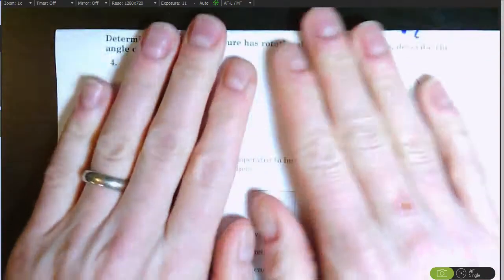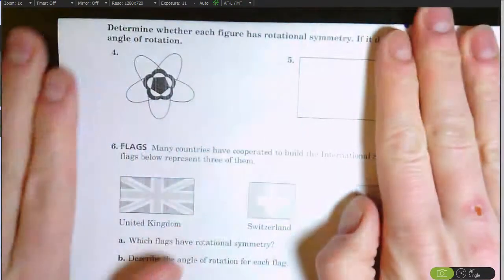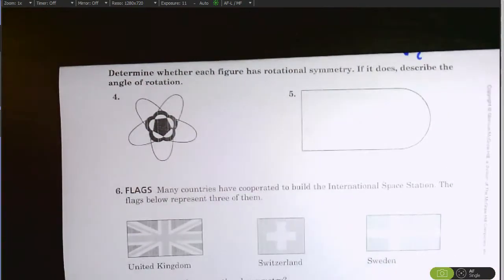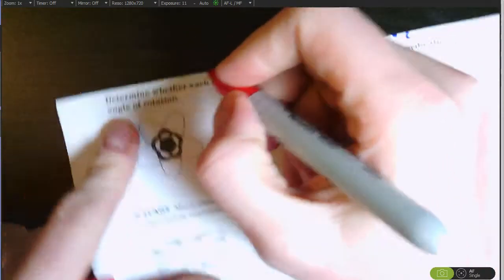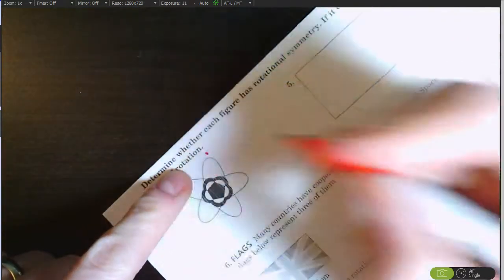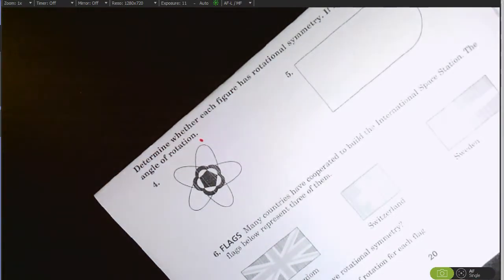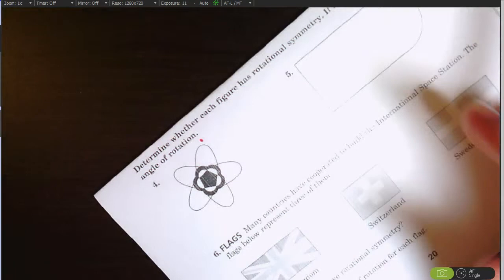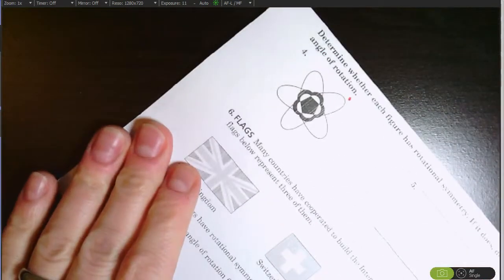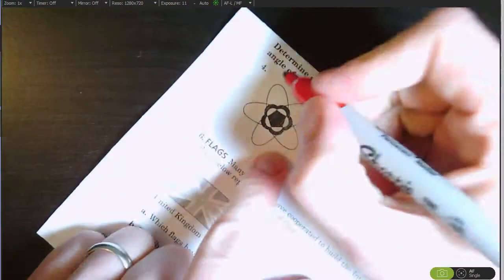Okay. With rotational symmetry, you need to be able to turn the figure. What I do is make a dot that's easy to recognize. I turn it until I find a spot, like for instance right here. That point I like quite a bit because it's easy to recognize. Then I turn it until I see something like that again, if it does happen. And it's right about there.